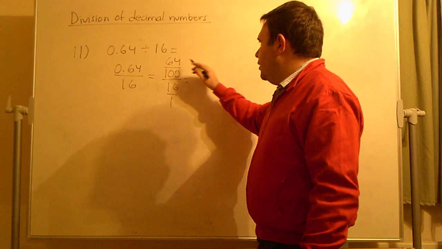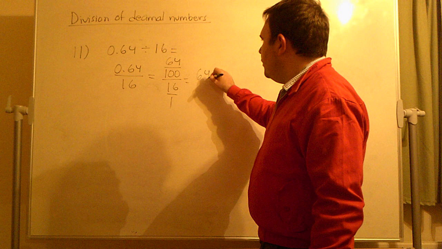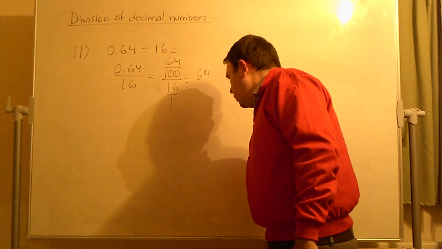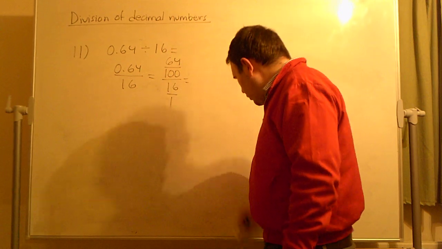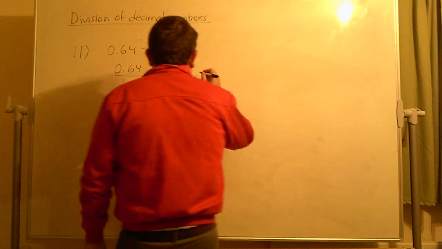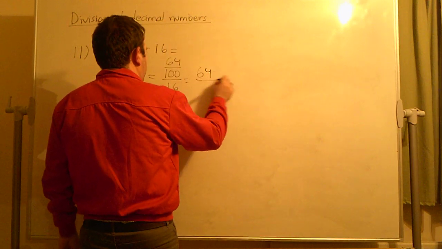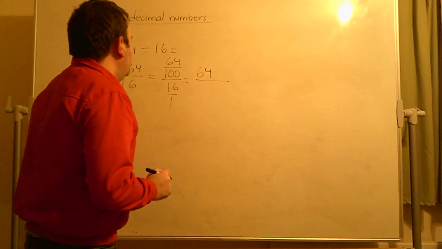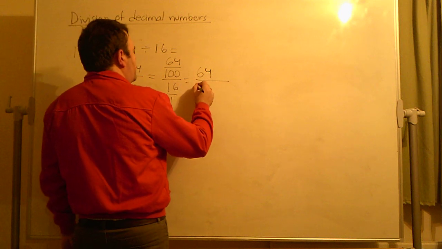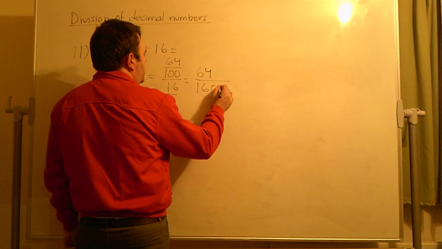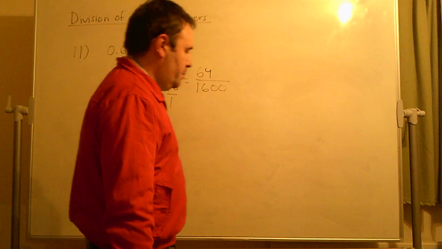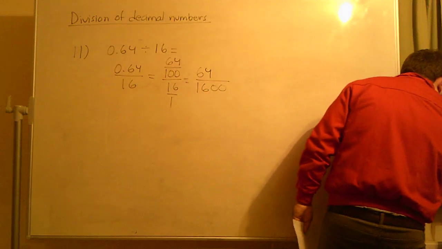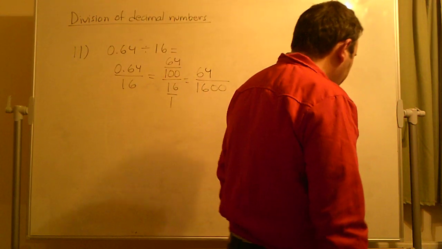So 1 times 64 is 64, and then this would be 1600. Okay?